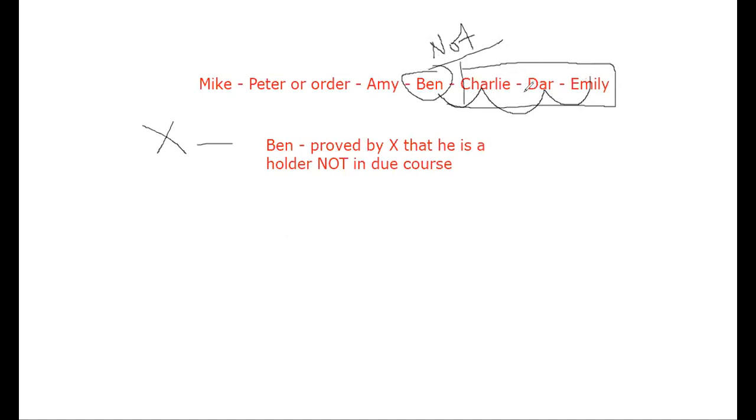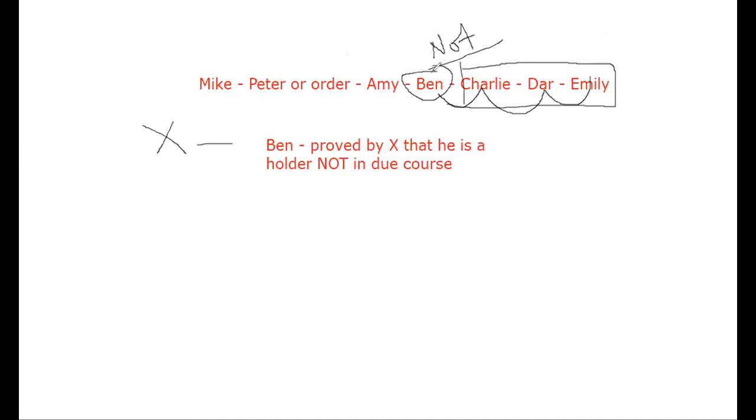If they want to be considered and treated as holders in due course, then they should now present evidence that at the time they received the instrument, they were able to meet the requirements under Section 52. Because at the time they receive it, it was already shown that a prior party is a holder not in due course.